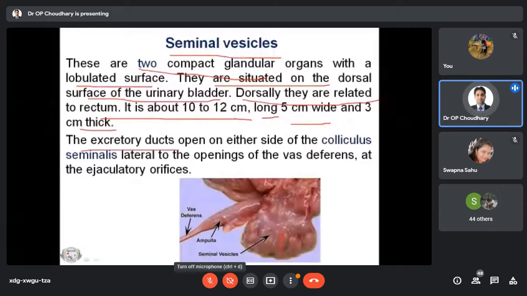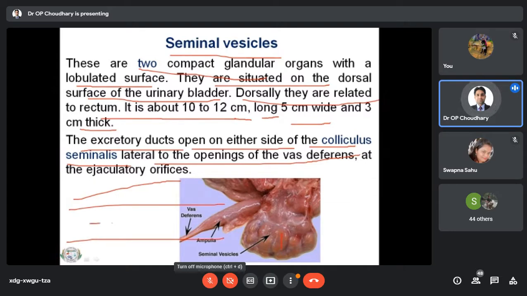The excretory ducts open on either side of the colliculus seminalis, lateral to the opening of the vas deferens. As I already told you, in the ox, the colliculus seminalis is present in the middle of the pelvic part of the urethra when you cut it from the dorsal aspect.